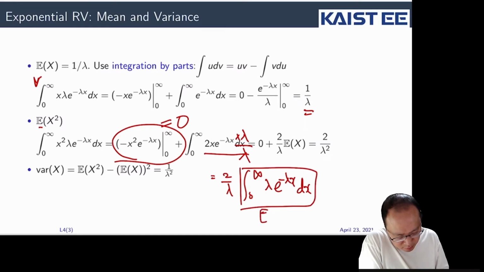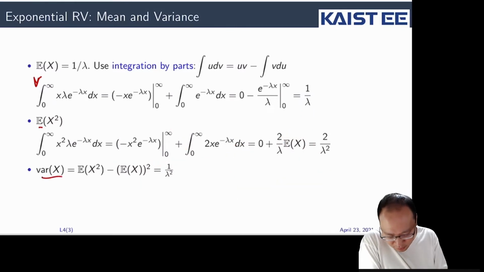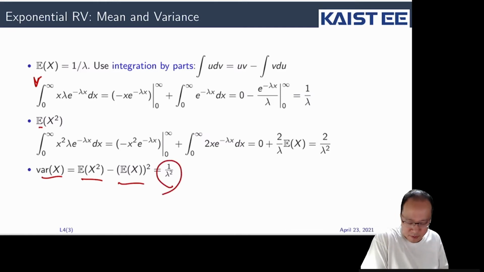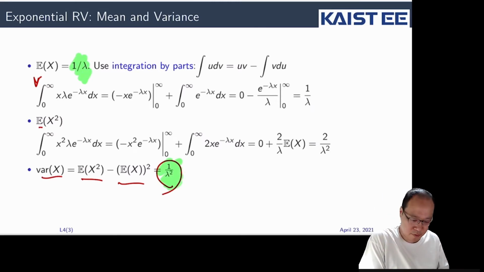We know this is the expectation of x, which is 1 over lambda, so we get 2 over lambda squared. The variance is the expectation of x squared minus the square of the expectation, so it's 1 over lambda squared. This is the variance and the expectation of the exponential random variable.